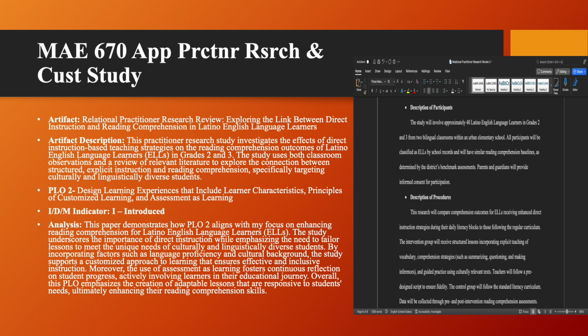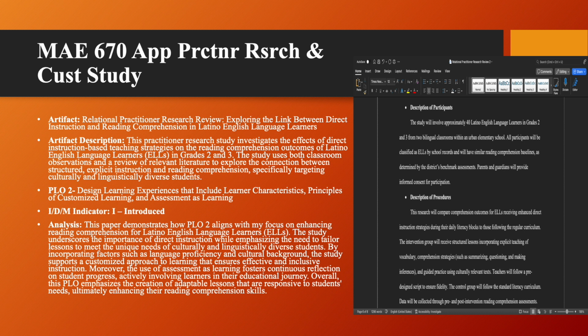The final artifact in discussion comes from MAE 670, and that is a practitioner research review. This review is exploring the link between direct instruction and reading comprehension in Latino English language learners. The practitioner research study investigates the effects of direct instruction based teaching strategies on the reading comprehension outcomes of Latino English language learners in grades 2 and 3.